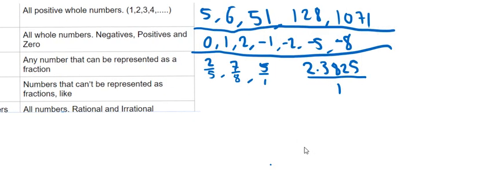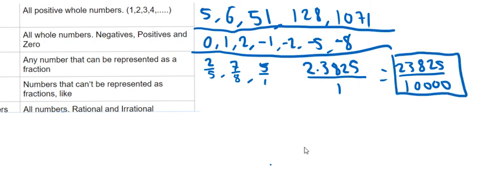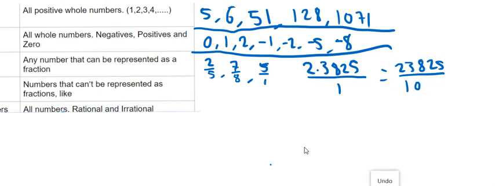If I multiply top and bottom by 10,000, move over the decimal point 4 places, that's 23825 over 10,000. That's the same number, so they're equal to each other. That is a fraction, so that's still a rational number. So 2.3825 is also a rational number. So that's pretty much all of the numbers then.